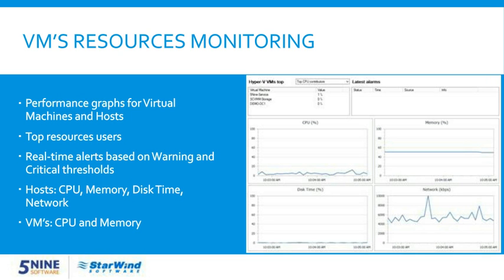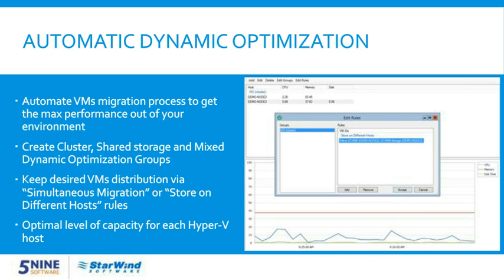As you do this, you realize that optimizing performance is super important. So what we created to make your life even easier is a way to perform optimization in an automatic manner. And we call it automatic dynamic optimization. That's available within Finance Manager. That's something that allows you to perform automatic virtual machine migrations according to resources usage within your infrastructure.